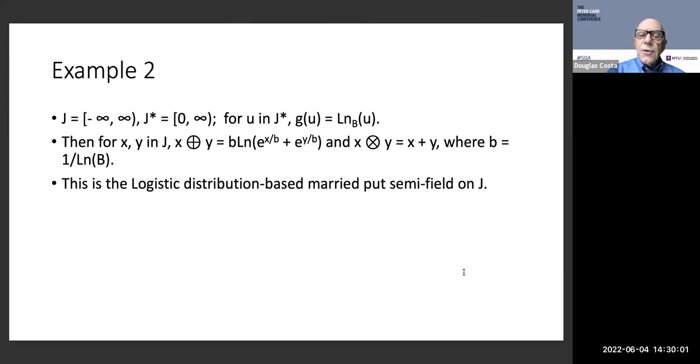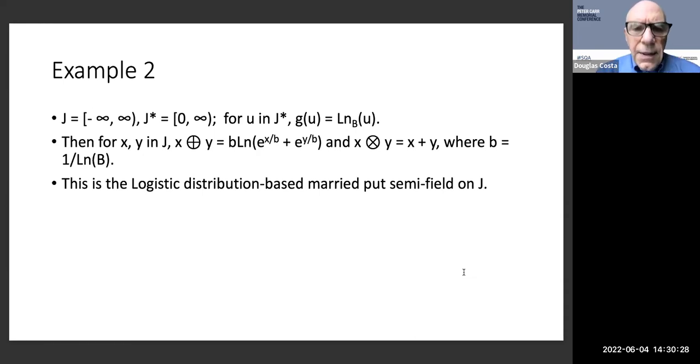And now the generator function is the logarithm with respect to a base capital B. And then for all X and Y in J in this extended real line, the pseudo sum has that form, which Peter referred to as the log sum exponential. And this time the pseudo product turns into addition.